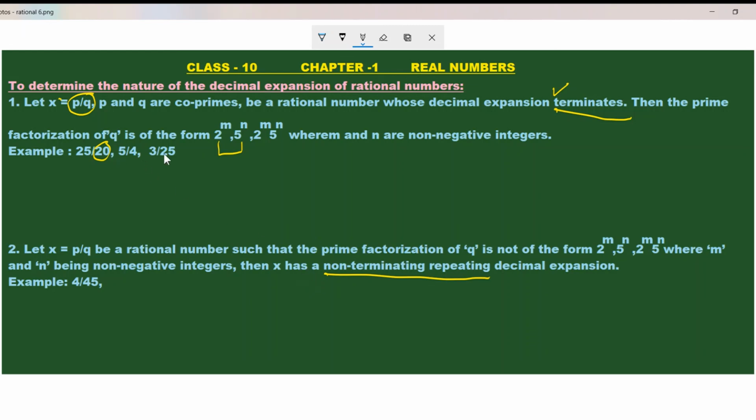Here for the terminating one, I have taken 25 upon 20. Now we need to take q. It is 20 here.